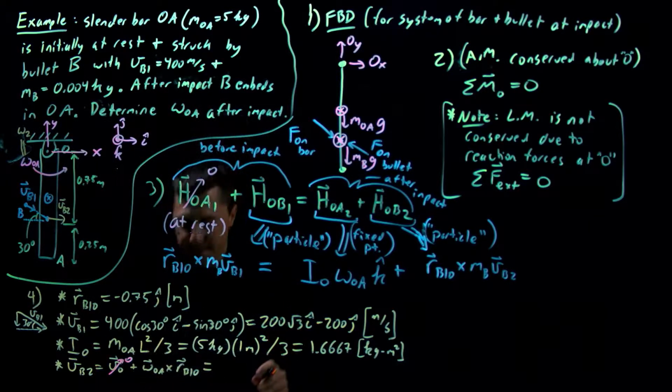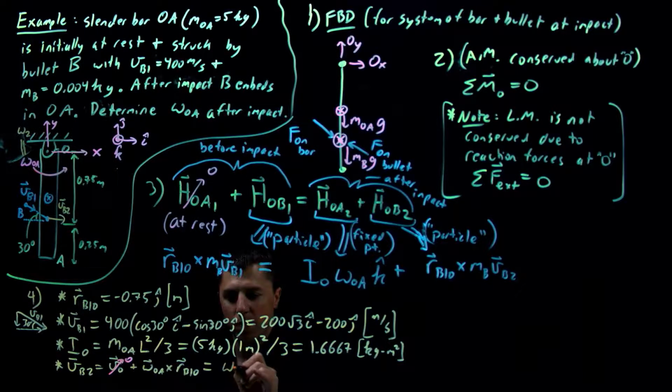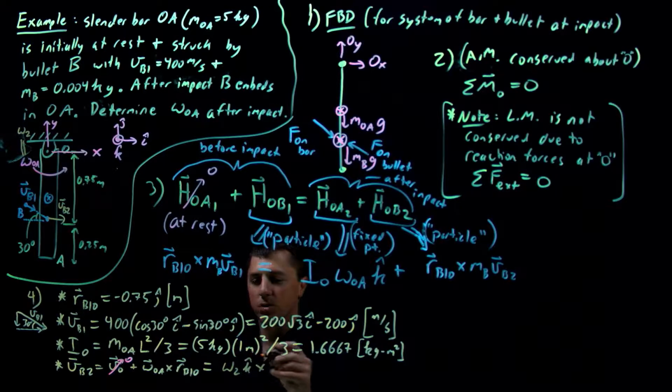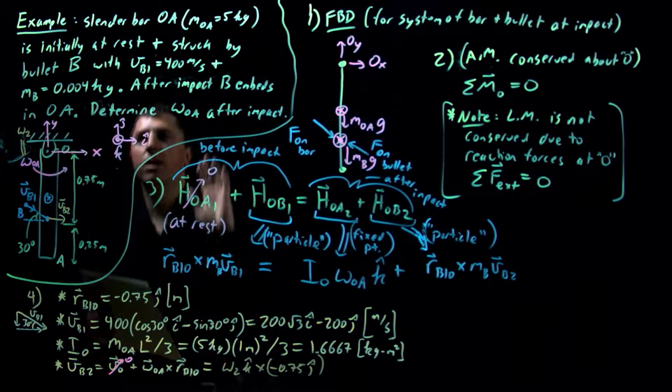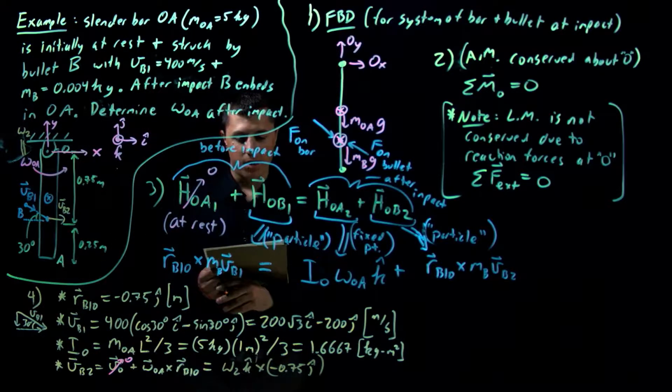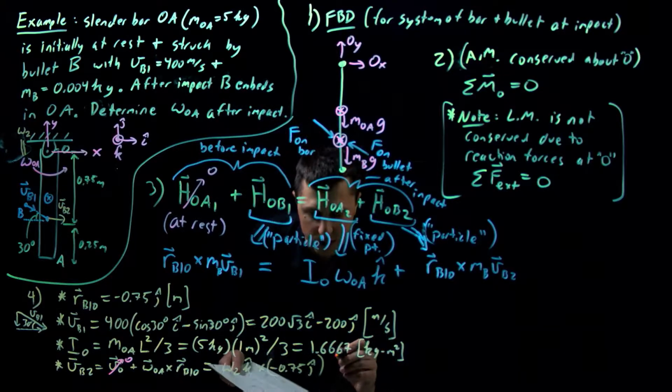Okay, so this is just omega 2 k hat crossed into that position vector that we have up there, which is minus 0.75 j hat. K cross j is in the negative i hat direction. With that negative sign makes it a positive.